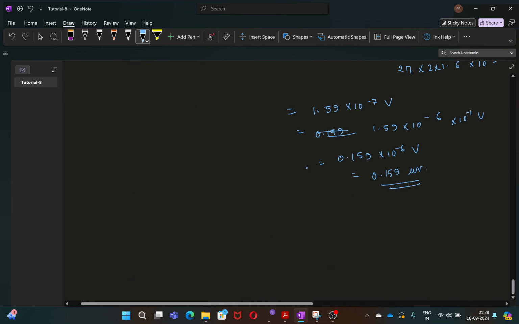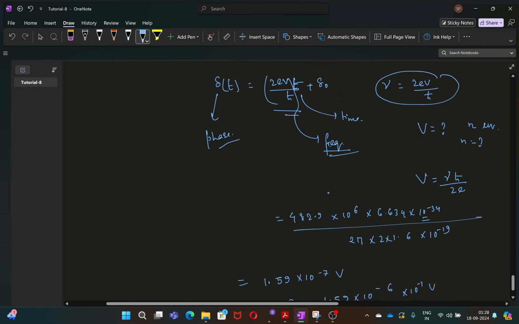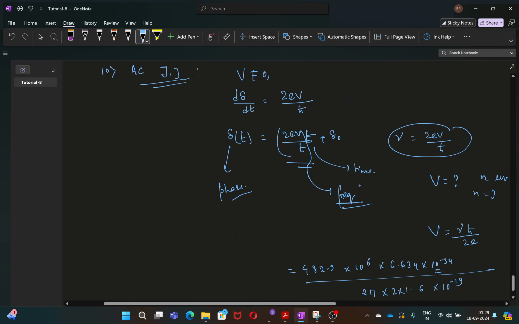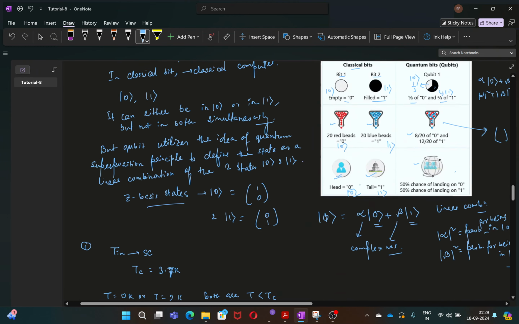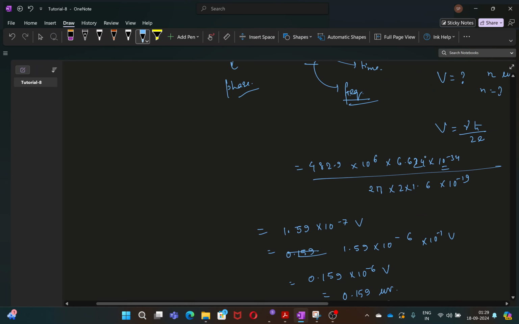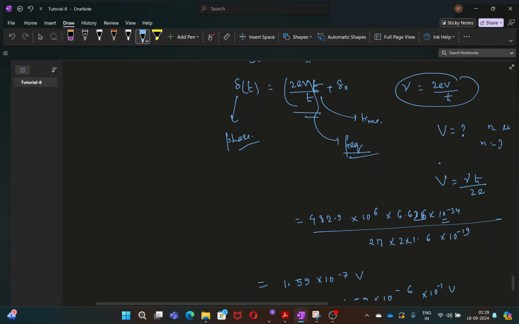So nu equals 2eV by h cut, so V equals nu h cut by 2e, which is 482.9 into 10 to the power 6 hertz into 6.626, the Planck's constant value, into 10 to the power of minus 34, divided by 2 pi, because h cut equals h by 2 pi, into 2e, 2 into 1.6 into 10 to the power of minus 19.